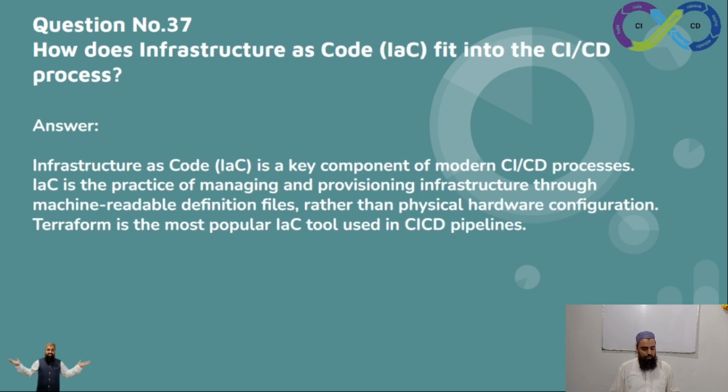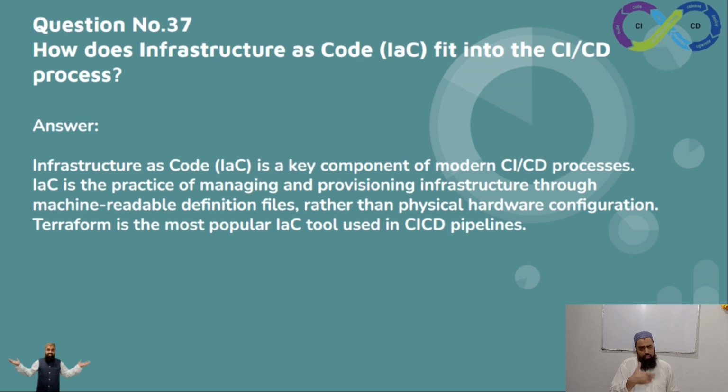Question number 37. How does infrastructure as code, Terraform, fit into CI/CD process? An infrastructure as code tool like Terraform is a key component of modern CI/CD processes. Infrastructure as code is a process to build your infrastructure by writing Terraform files, .tf files.